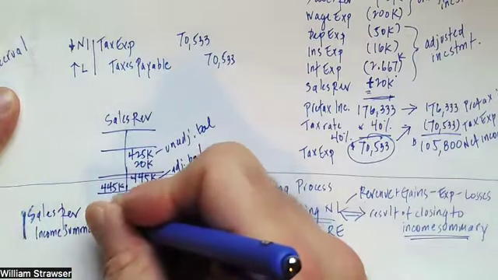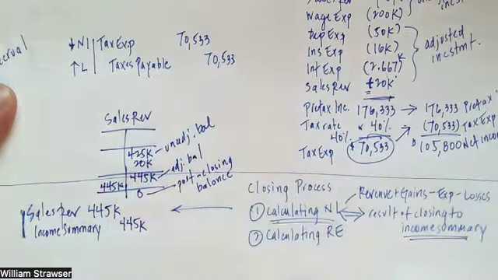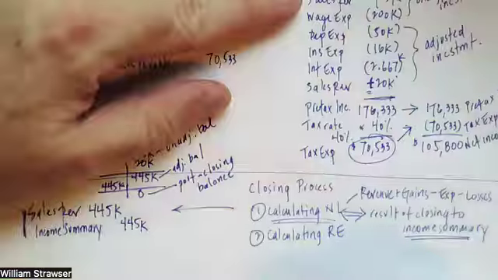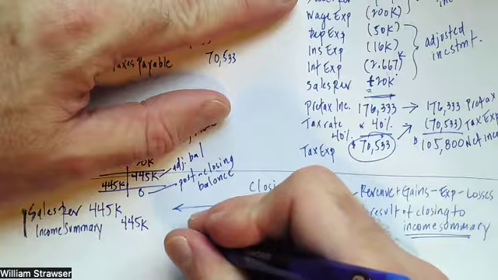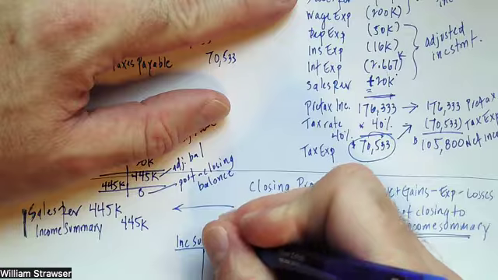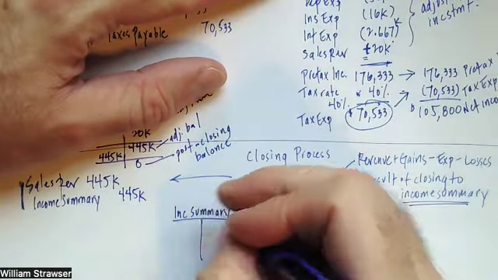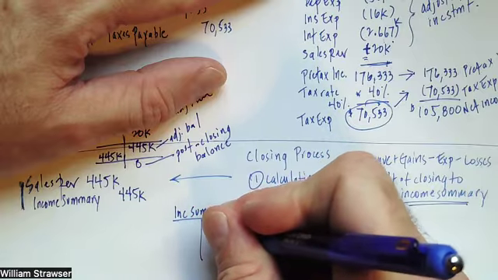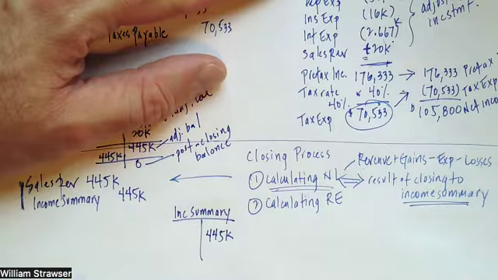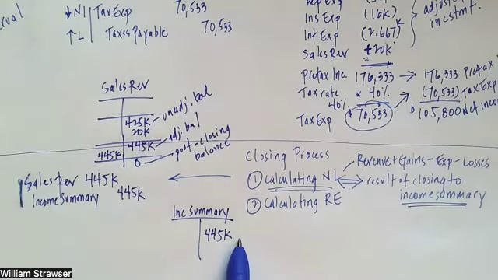You may or may not be familiar with this. Some texts have taken away the income summary account. I feel like it's a wholly important thing, even though we're just going to turn around and close it out. The income summary account, as I mentioned, is really just a place to tabulate net income, but it's helpful in understanding that certain items like expenses, revenues, gains, and losses will go through net income and affect retained earnings.